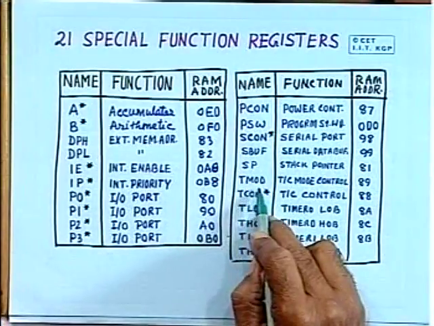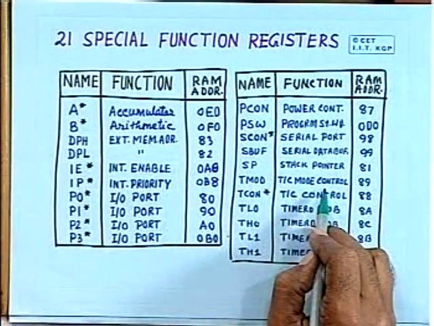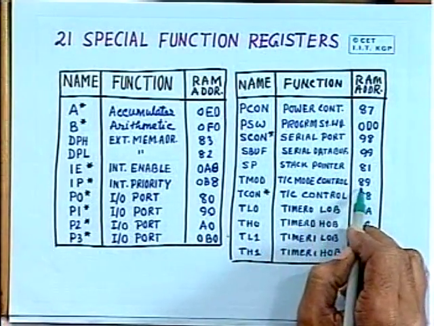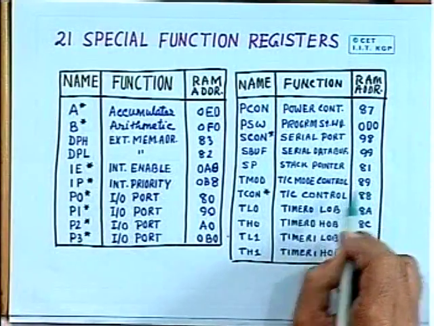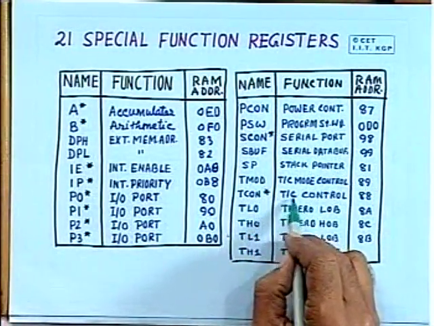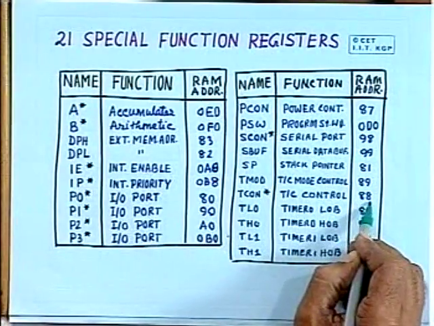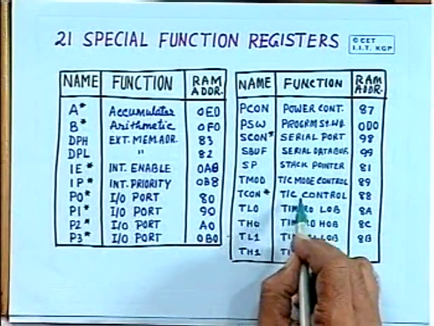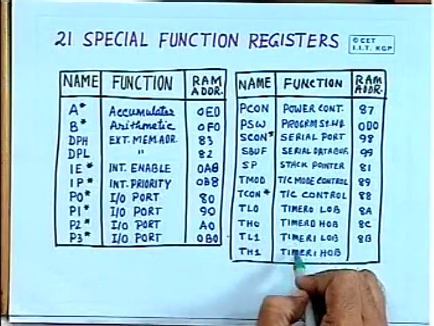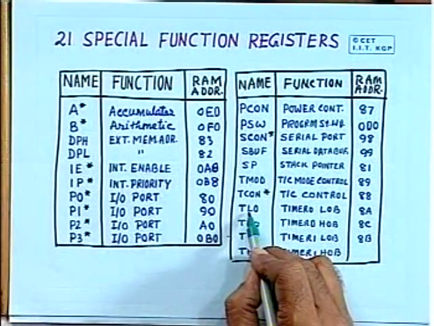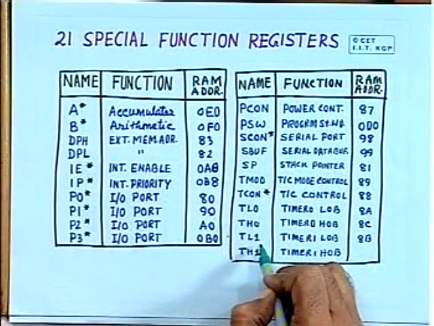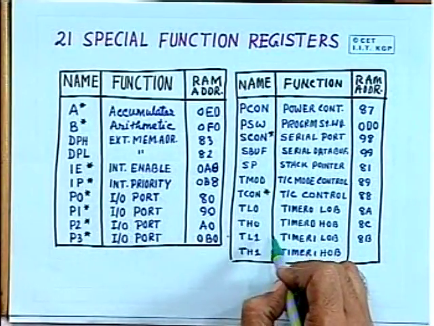Then you have got TMOD, with the help of which the timer mode control can be set, and it maps on RAM location 89. Then TCON, timer counter control, which maps on RAM location 88. There are two timers, timer 0 and timer 1, and for each of them there are 16-bit registers.